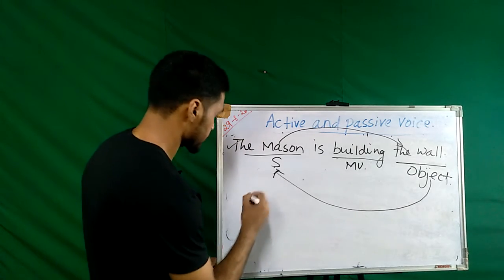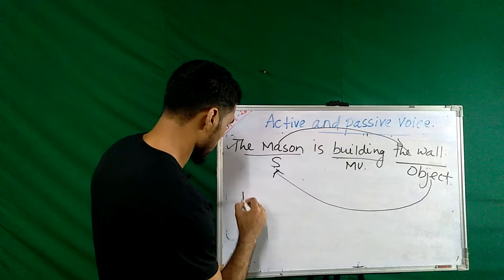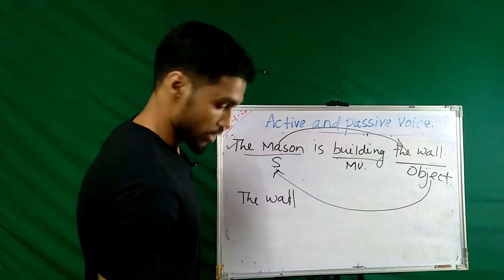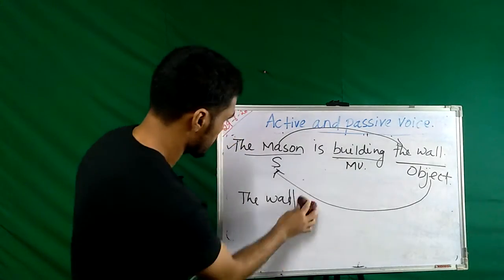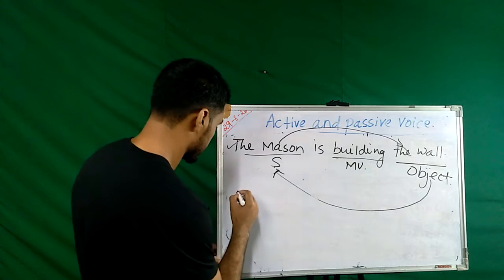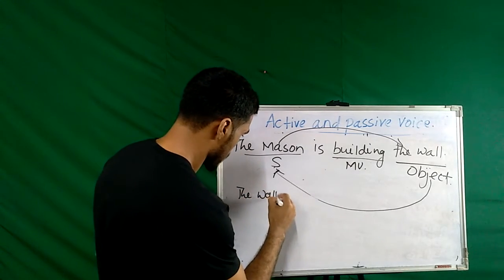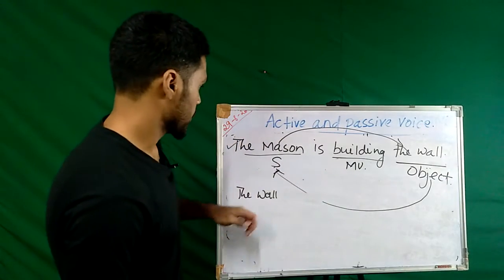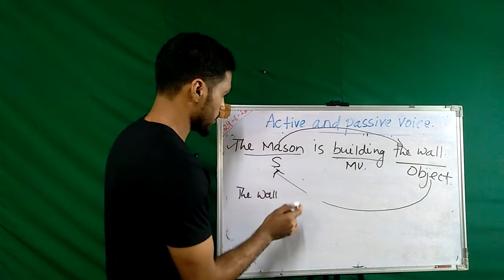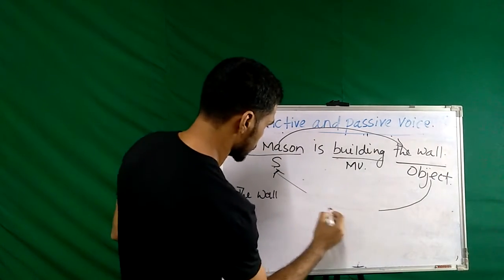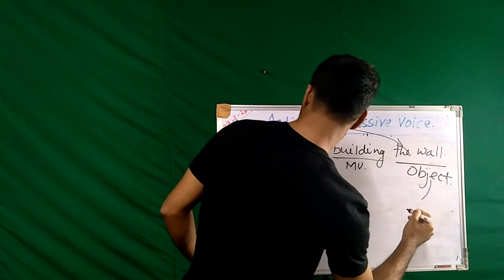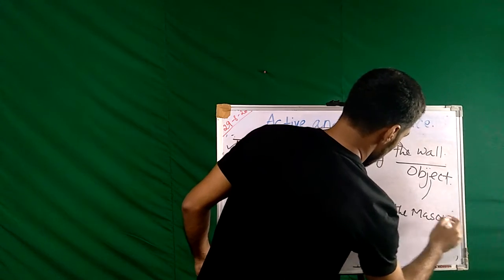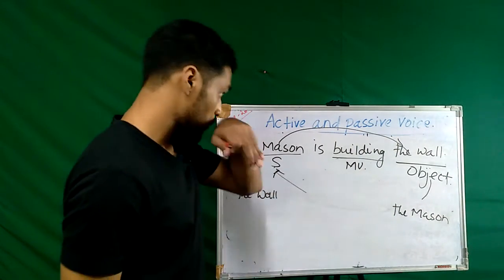So let me write the wall in the place of subject, and mason, right? I have to write mason in the place of object.